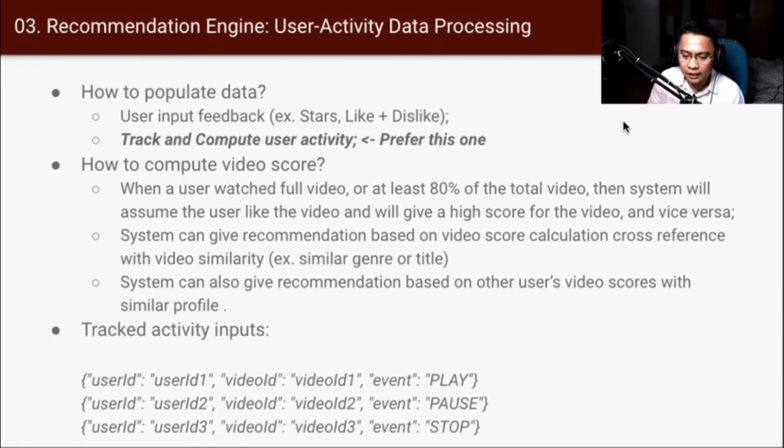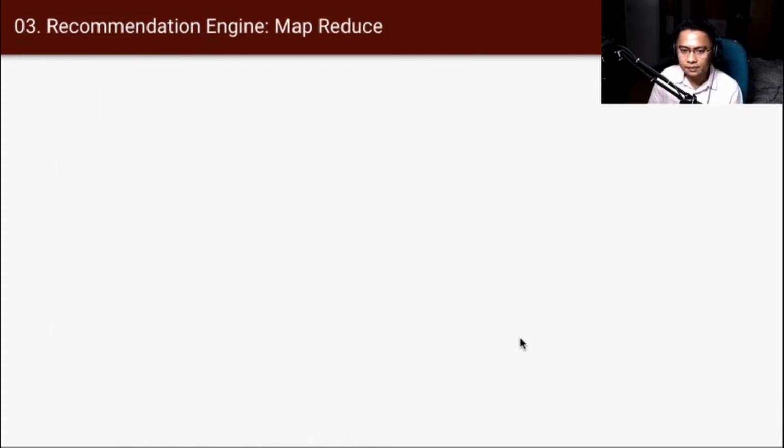So we need to create the user tracking activity schema. We're gonna use a simple JSON data schema, something like this. We're gonna store user ID, video ID, and event like play, pause, stop, or maybe forward or backward, something like that.